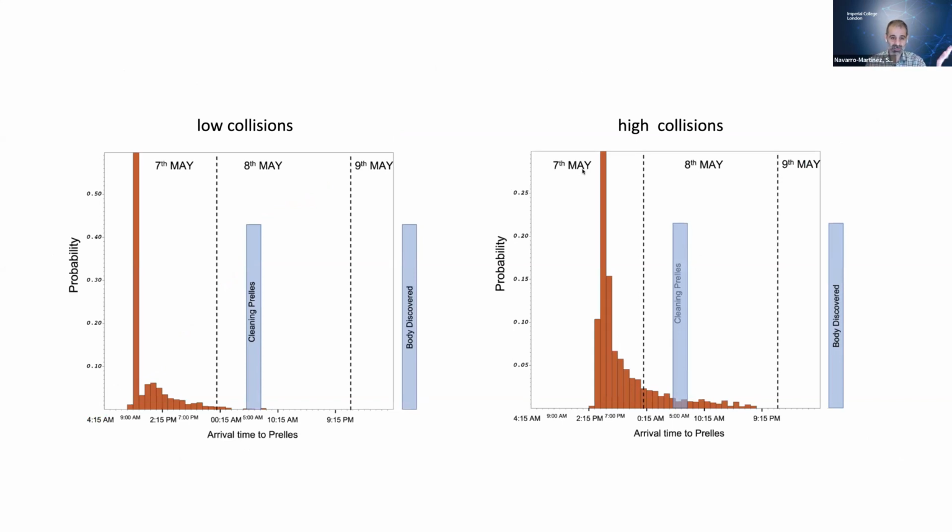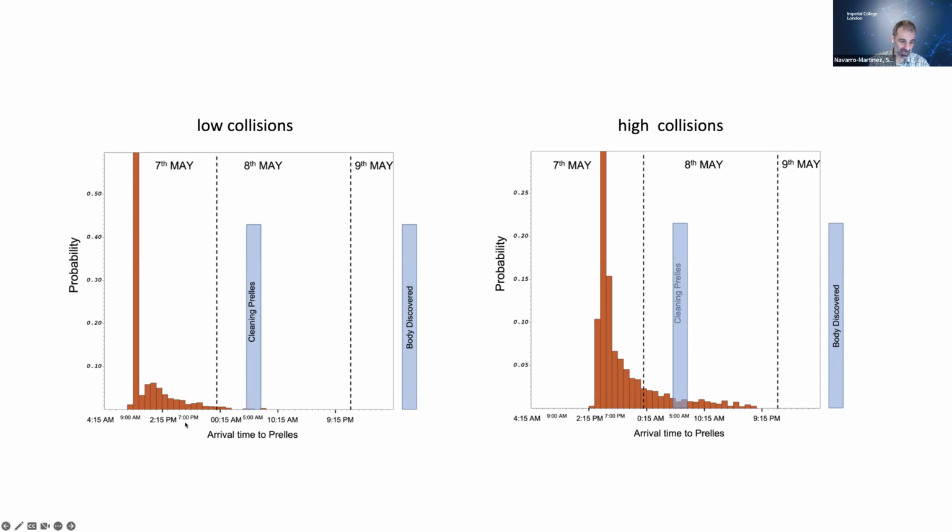These are the two scenarios, one with a low collision rate and the other with a high collision rate. And this is the probability of arrival time at the dam. Let's look at the low collision rate. There is a big chunk of bodies, more than 50%, that arrive at the dam around 9 a.m. the same day.